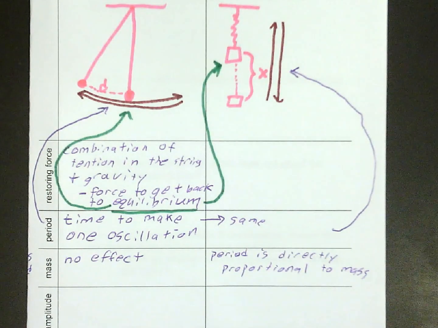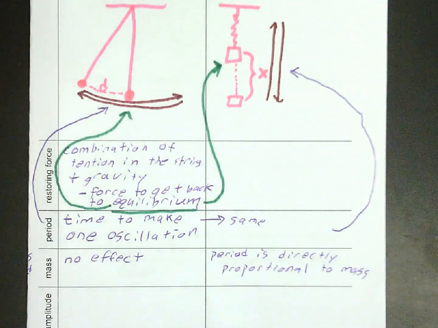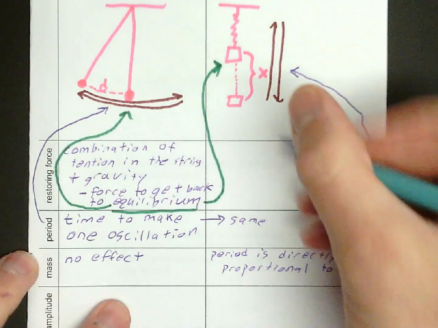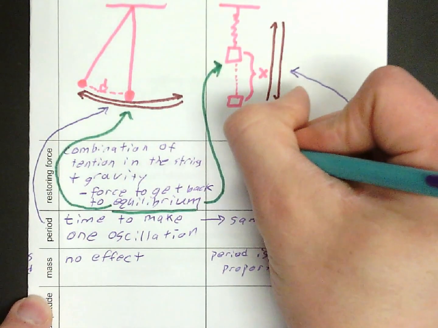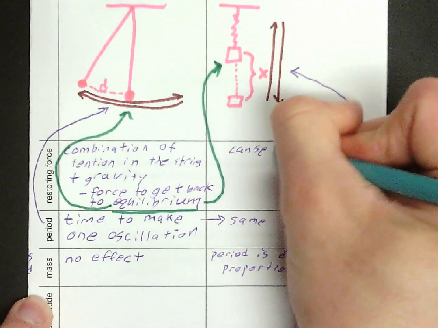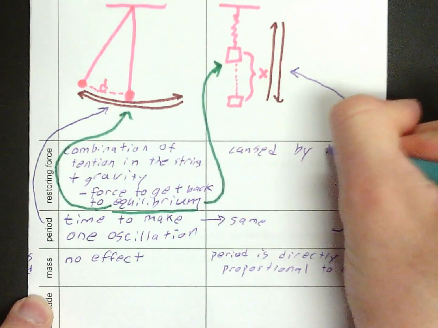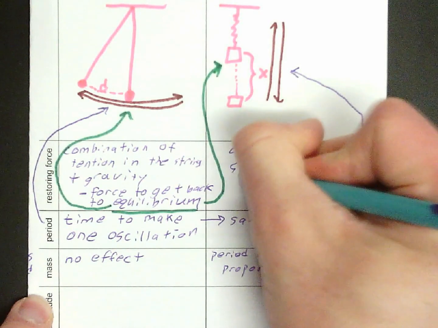Applied force from what? So tension in the spring? Yeah, I'm going to put those two together. It's an applied force by the spring itself. Technically, it's the tension in the spring, but that's a good way to talk about it. So the restoring force is caused by the strength of the spring itself.